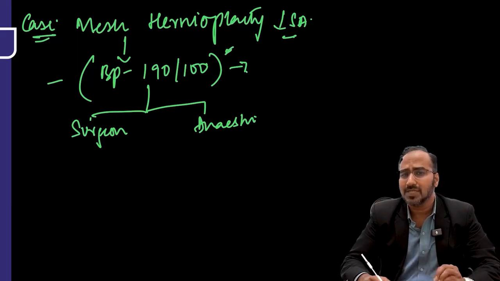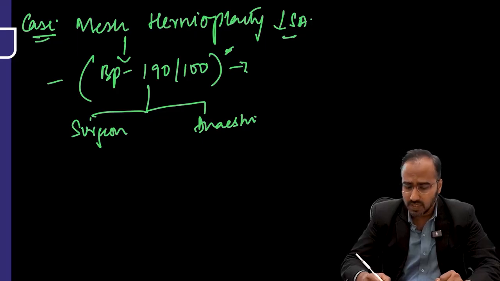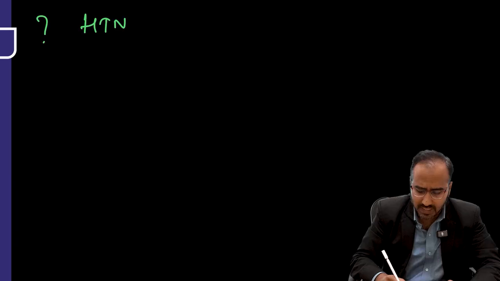So due to this reason, many of the cases were postponed. So what the anesthetists decided is that before taking the patient into the operation theater, they will check the patient's BP and first try to optimize the patient. So first, we should know what is the cause of developing hypertension in the operation theater.